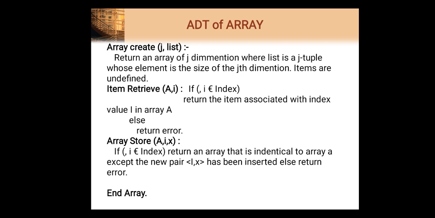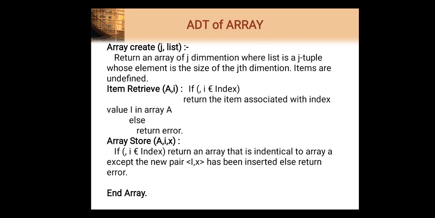Next, the operation you can perform on the array is array retrieve, atom retrieve. That means you can retrieve a particular atom from your array. You can access the particular atom from the array if that atom is present in your array, otherwise it will give you an error.